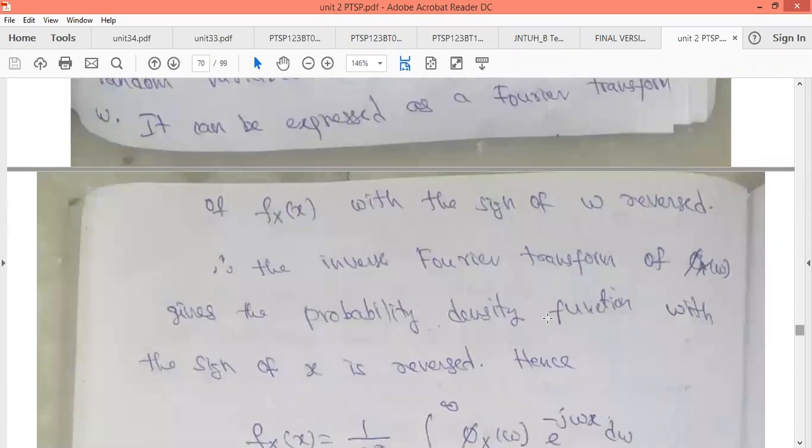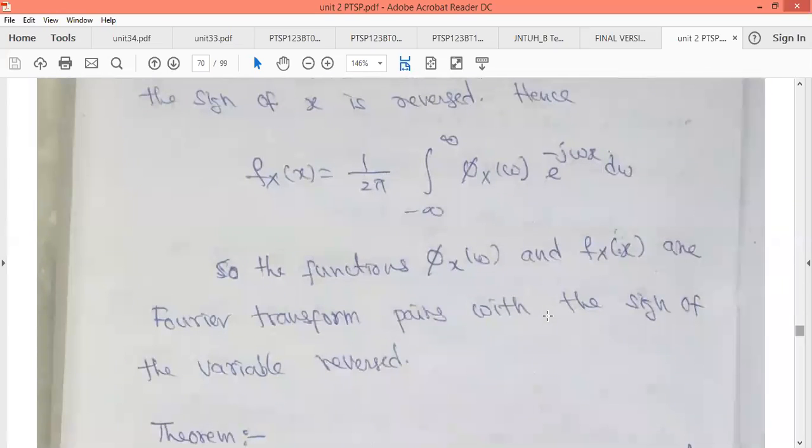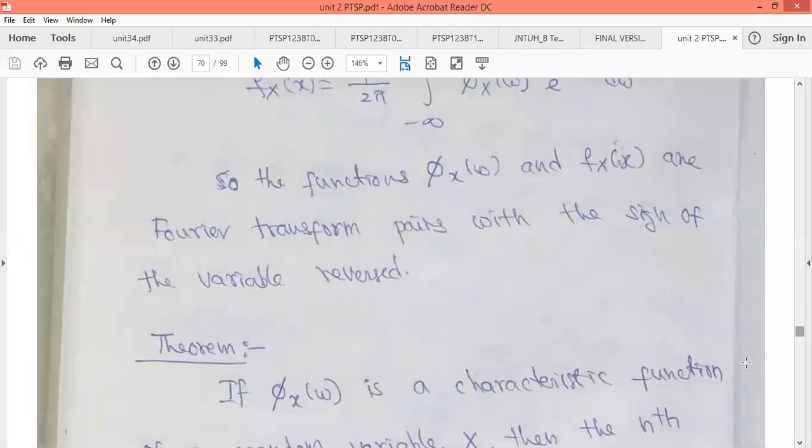So the sign will be reversed. The functions phi_X(omega) and f_X(x) are Fourier transform pairs with the signs of the variable reversed. Whenever we have plus, we should have minus.